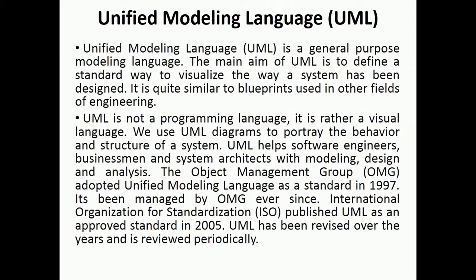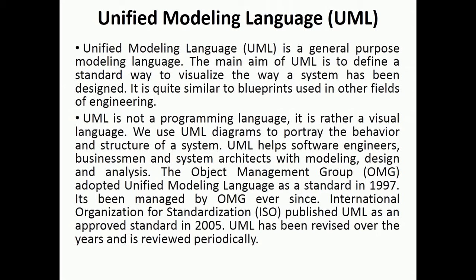So the Object Management Group, OMG, adopted Unified Modeling Language as a standard in which year? In 1997. It's been managed by Object Management Group ever since. The International Organization for Standardization, that is ISO, published UML as an approved standard in 2005.